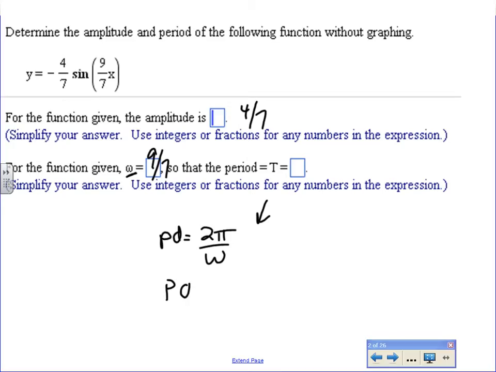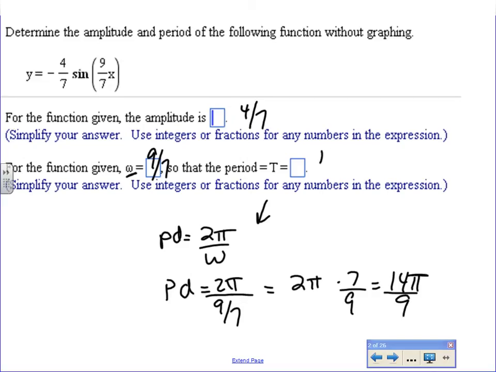So the period is going to be equal to 2 pi divided by 9/7, which would be 2 pi times the reciprocal of 9/7, which would be 7/9. And so this would be 14 pi over 9 there.